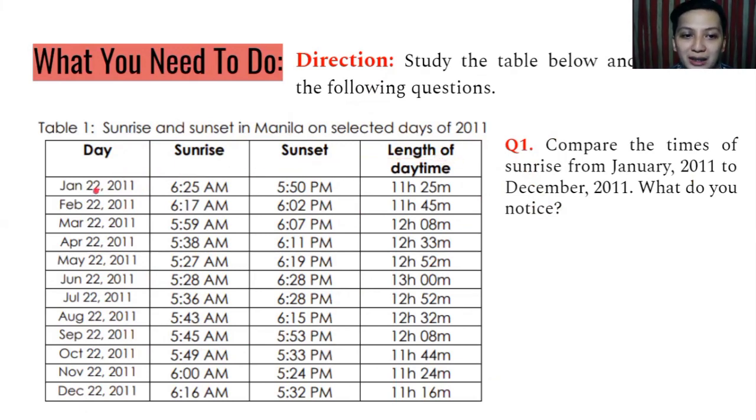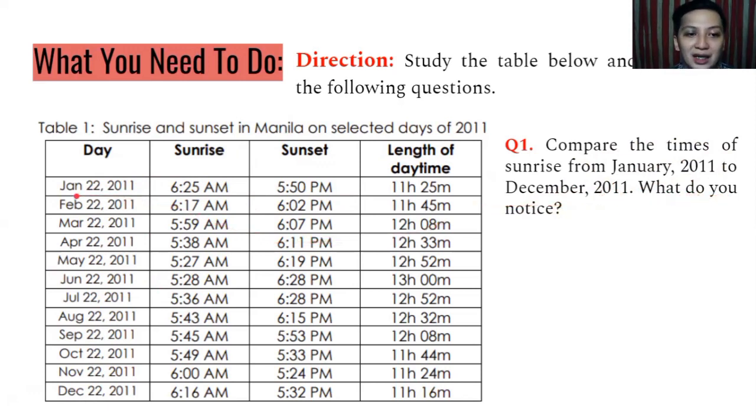So you need to study the day, the sunrise, the sunset, and then the length of the day, and try to compare each row. So for question number 1, compare the times of sunrise from January 2011 to December 2011. What do you notice?